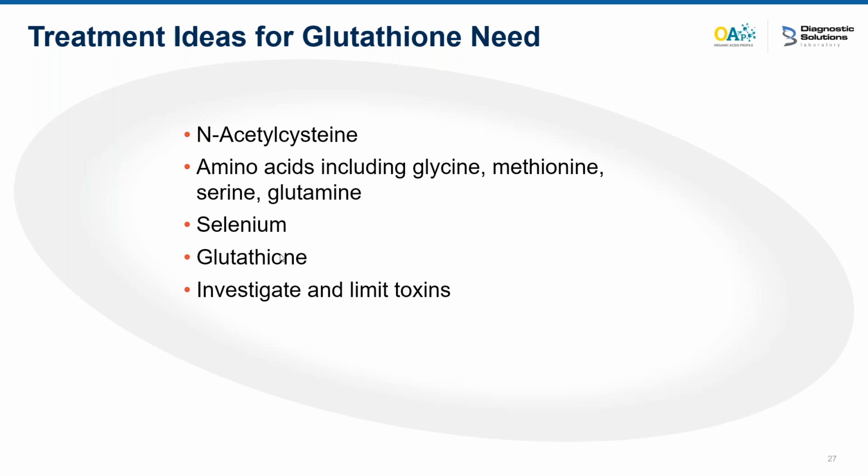Whey encapsulated glutathione that's highly absorbable, and oral glutathione. So there's a lot of great glutathione products out there. And of course, when we have someone that needs glutathione, we want to investigate and limit toxins. So let's get rid of toxins to help the patient preserve their glutathione status for where it's needed.